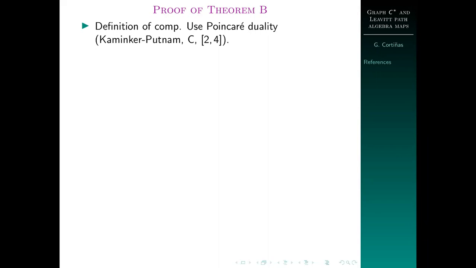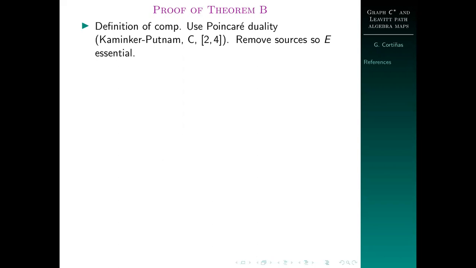In the C-star algebra setting, this was proved long ago by Kaminker and Putnam. I observed that the same thing goes through without much modification in the Leavitt path algebra setting. And this requires that the graph E be essential. So it must not only not have sinks, but also not have sources.